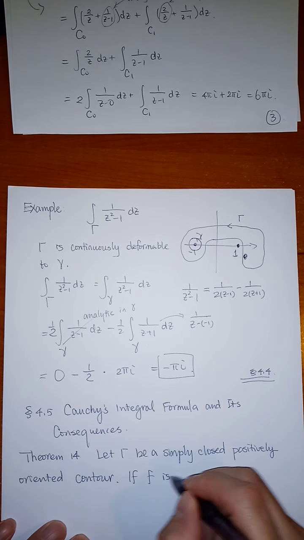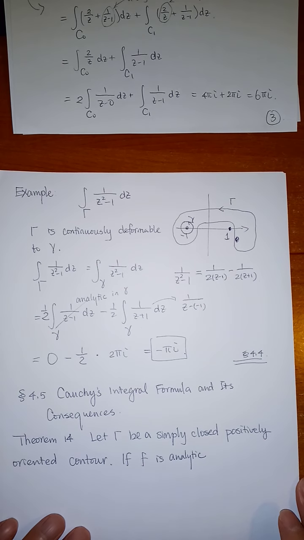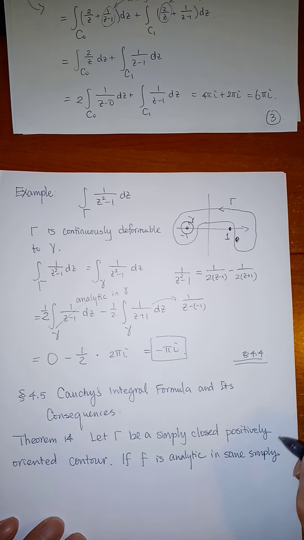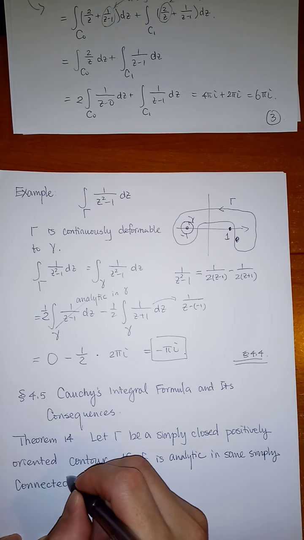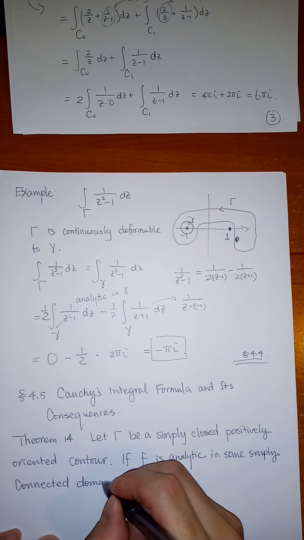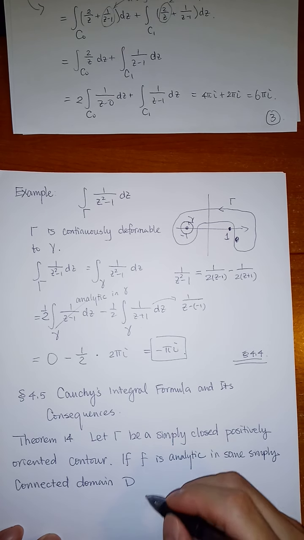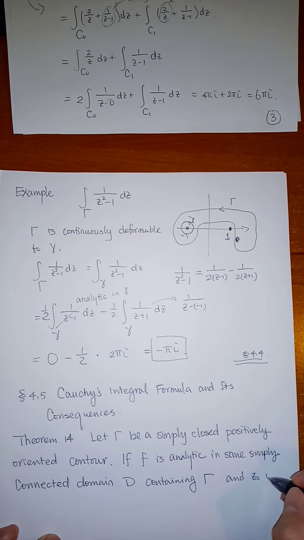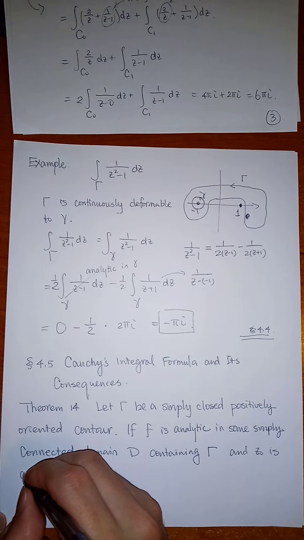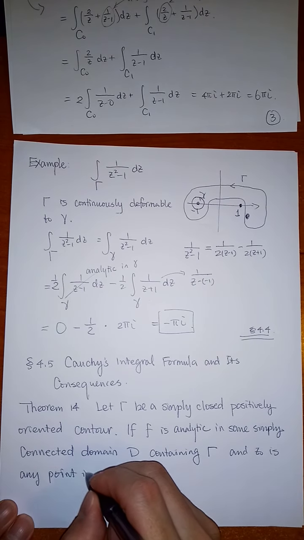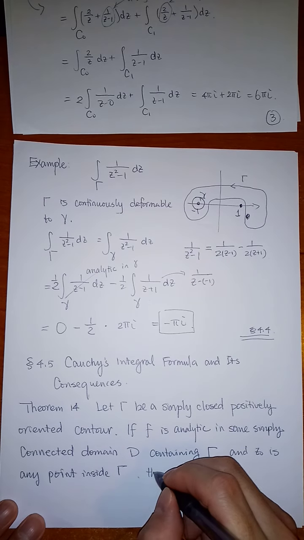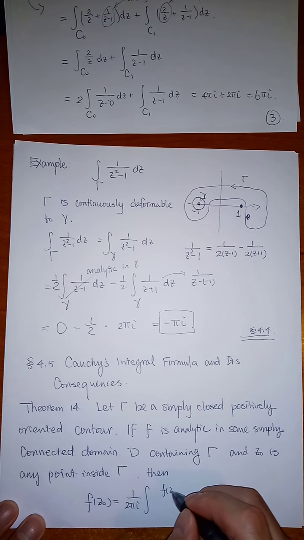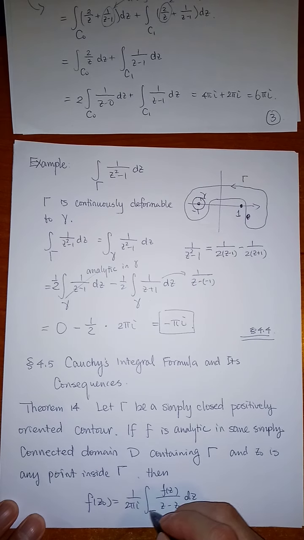If f is analytic in some simply connected domain D containing gamma, and z0 is any point inside gamma, then f of z0 is equal to 1 over 2 pi I integral f(z) over z minus z0 dz along gamma.